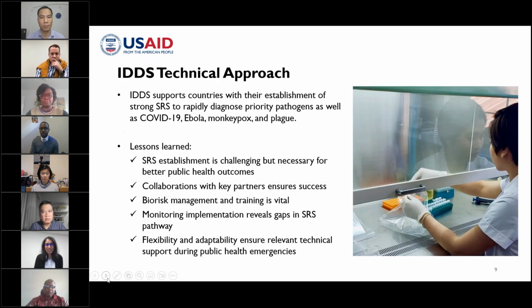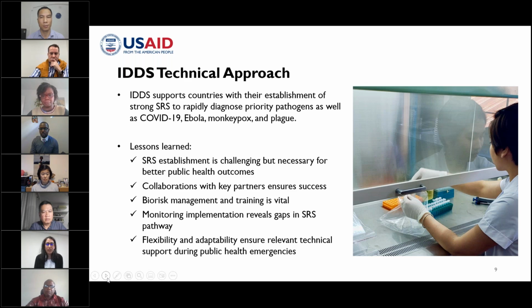Next slide. To establish a functional specimen referral network, IDDS endeavors to work as closely as possible with government counterparts, key stakeholders, and other implementing partners to identify the highest burden regions of each country and identify any challenges across the specimen referral and transport pathway.